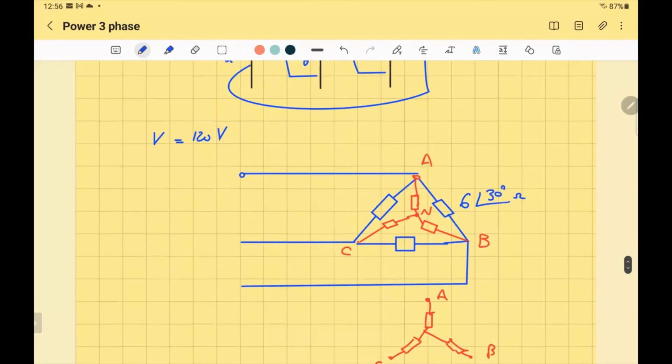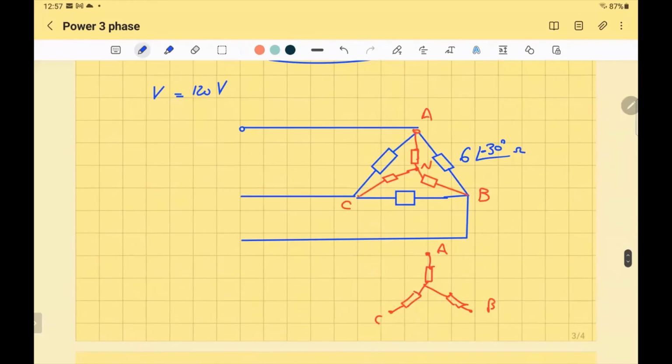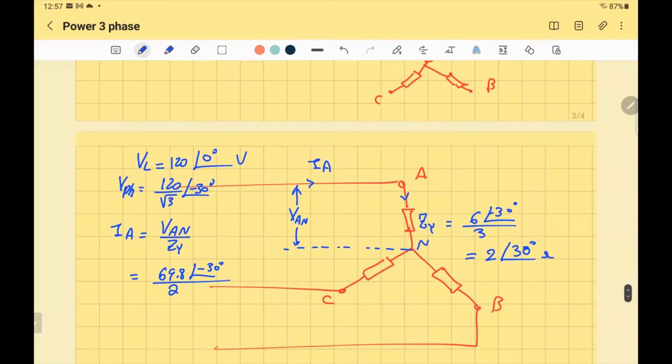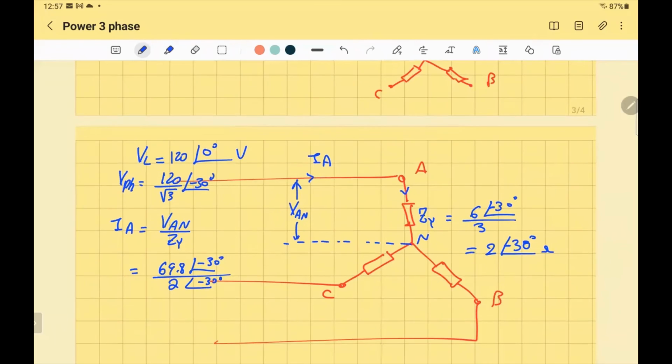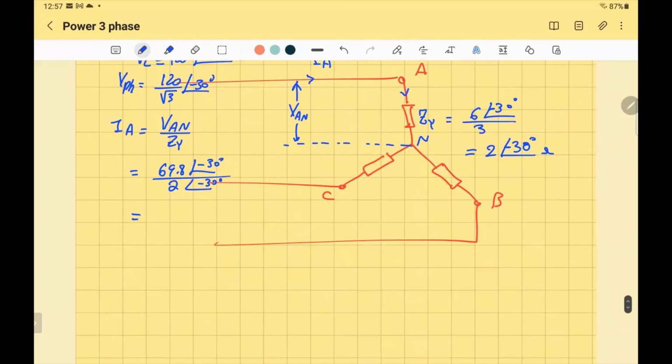I will change it to negative 30, just to make life easy. So it would cancel. We'll have an easy number. 34.9 angle 0. And that's IA.